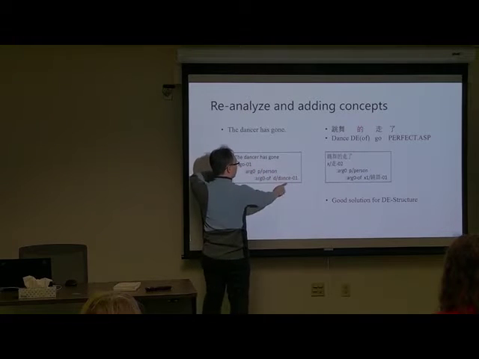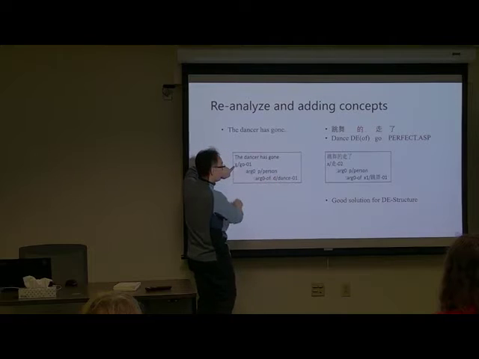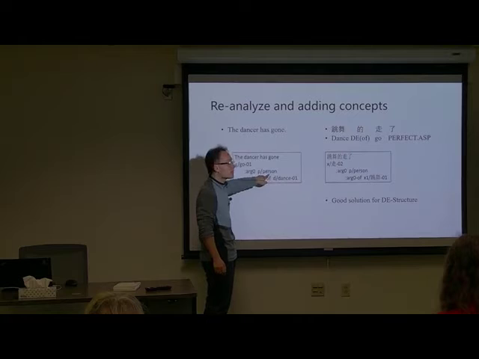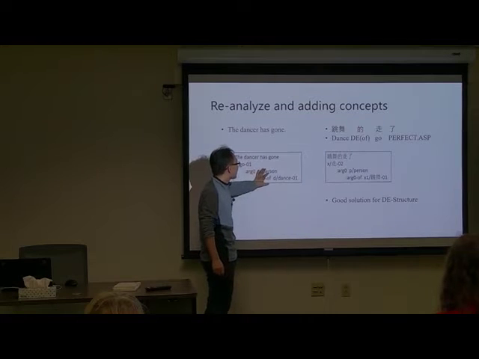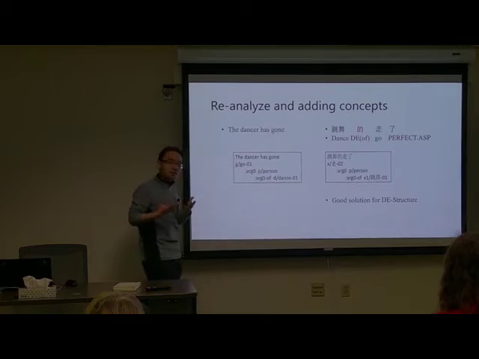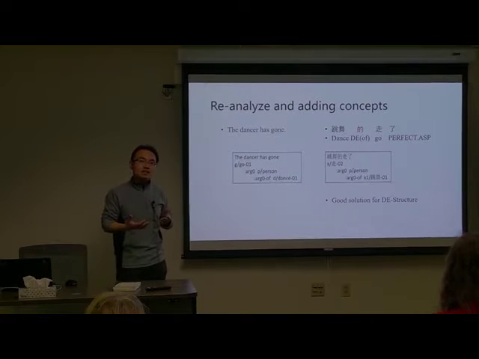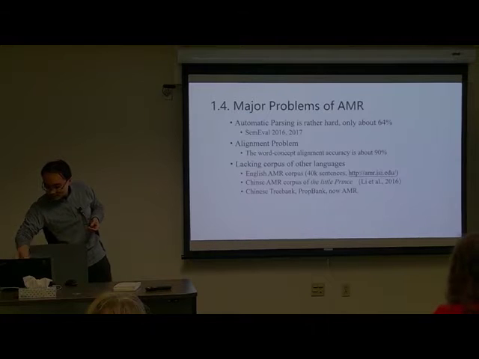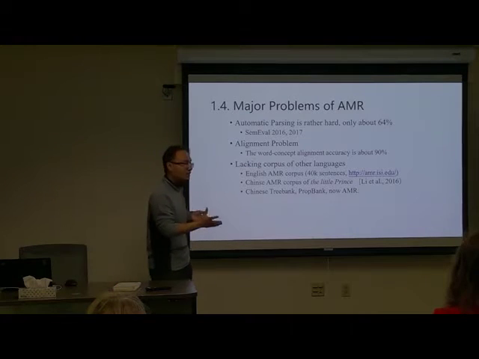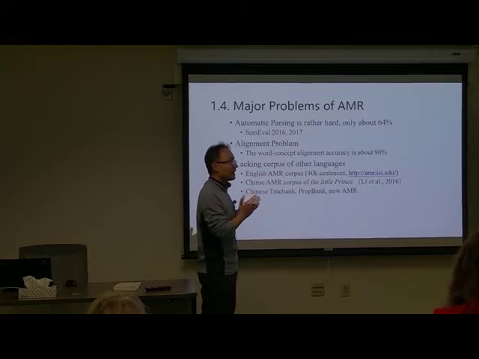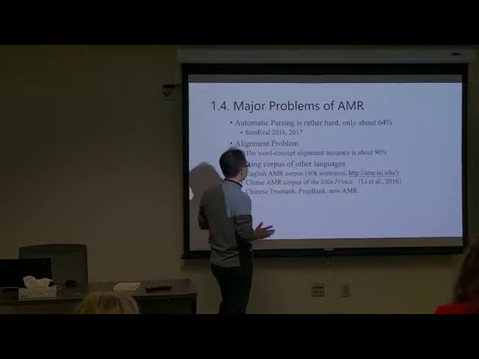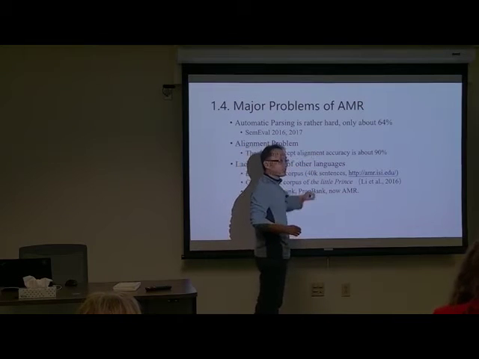They just give the things like this, and the dancer is separated. How could the computer know these two concepts correspond to the one? So this is the crazy part of it. For the parser, if you want to train an AMR parser on the English corpus, you have to train an alignment parser.